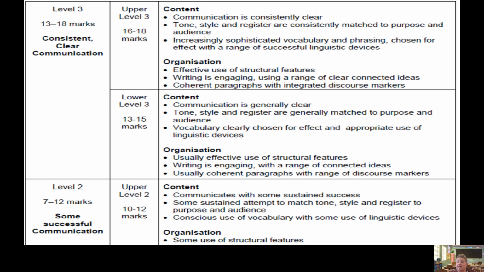For level 3, you need to ensure that your communication is consistent and clear. That means that it's generally easy to understand, that your tone, style and register are generally matched to purpose, and that you're choosing vocabulary for effect.